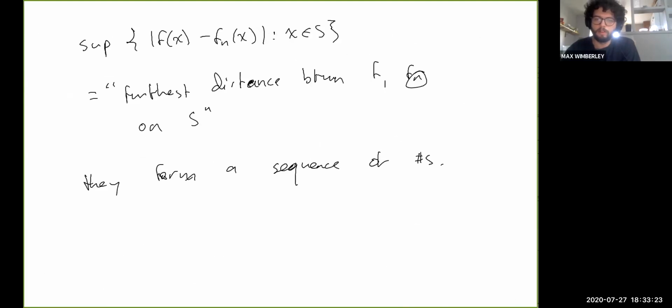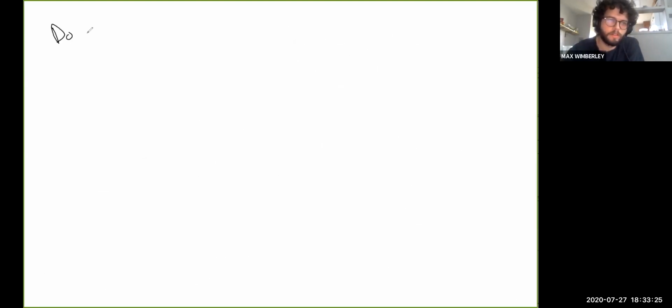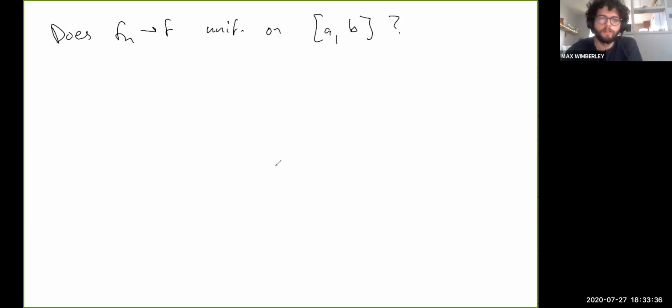Okay. So does Fn converge to F uniformly on, let's say, [a, b]? Just as a yes or no answer, what do you think? And these, again, are being taken from the previous problem.